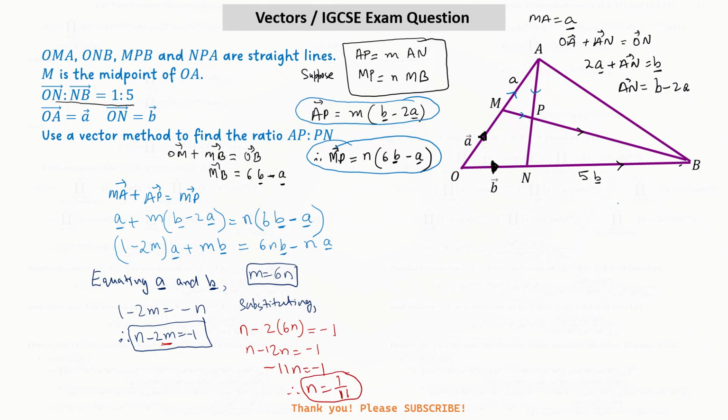So if N is 1 out of 11, we get M is 6 times 1 out of 11, so M is 6 out of 11.